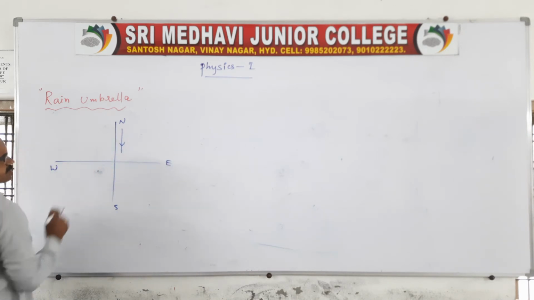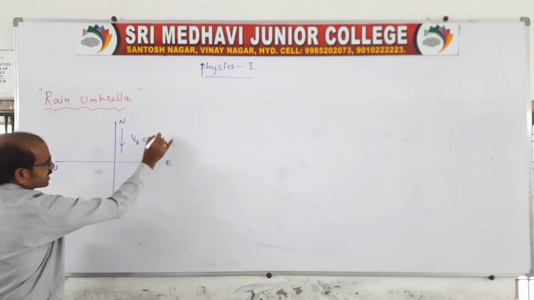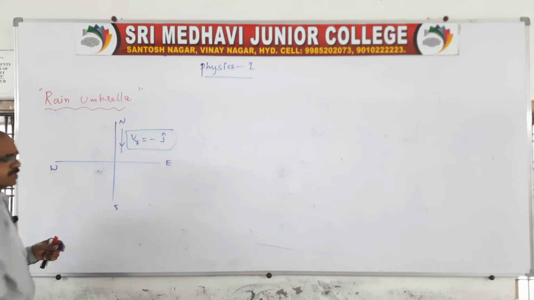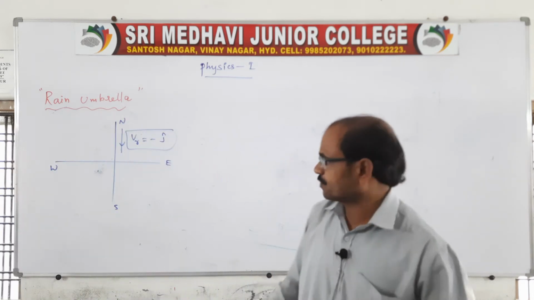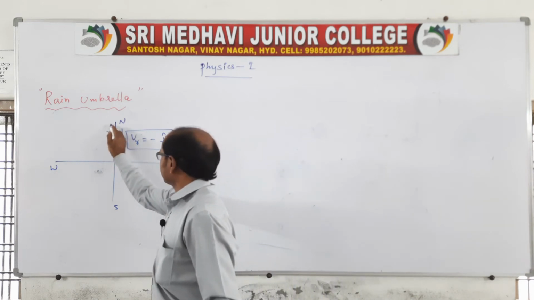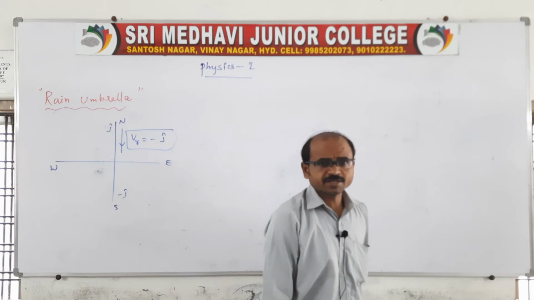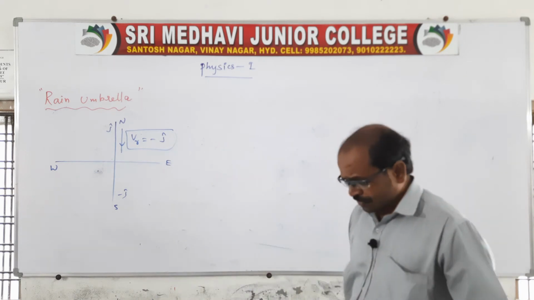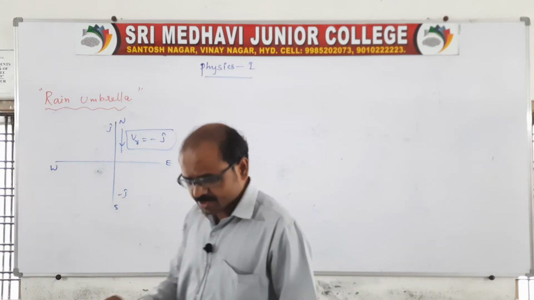Rain velocity we should take here as minus j cap, because it is falling from plus j cap to minus j cap.